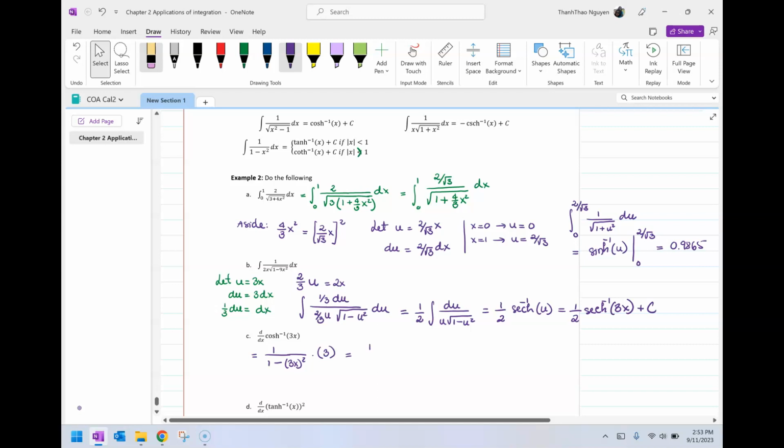This simplifies to 3 over the square root of 9x squared minus 1. Here we assume that x is greater than 1.